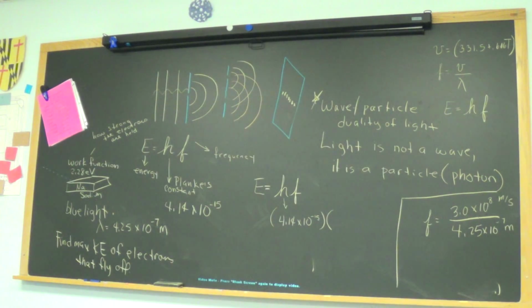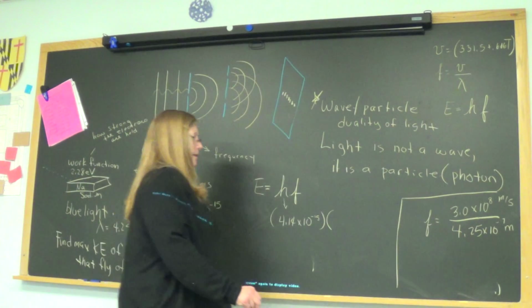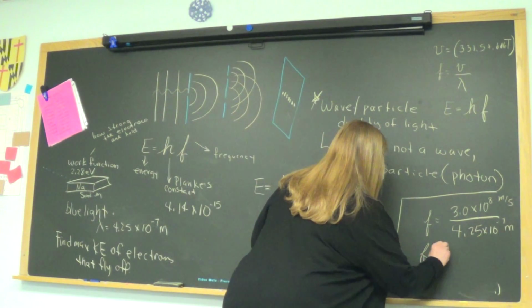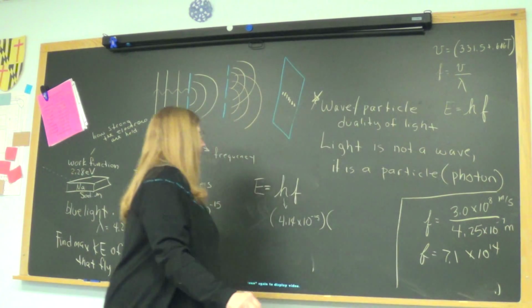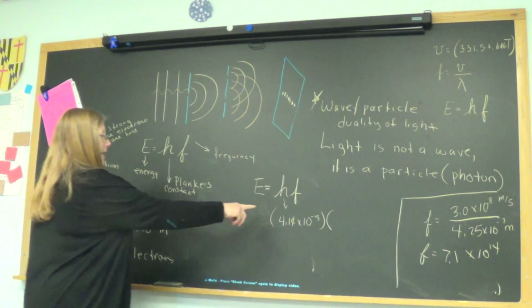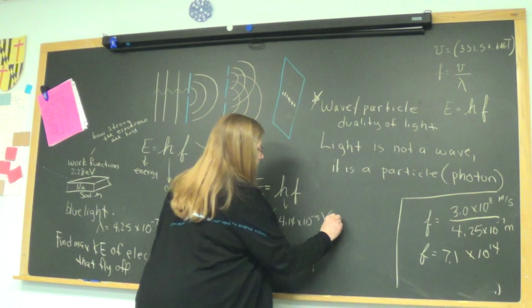We need 3.0 times 10 to the 8 divided by 4.25 times 10 to the minus 7. I got 7.05, so I'll say 7.1 times 10 to the 14th. Anyone confirm that? All right, that's in hertz, so we're happy with hertz. So that goes back over here for f.